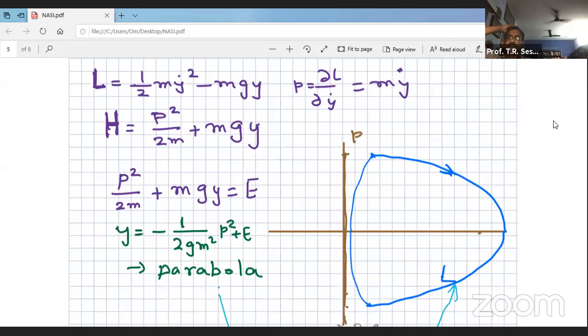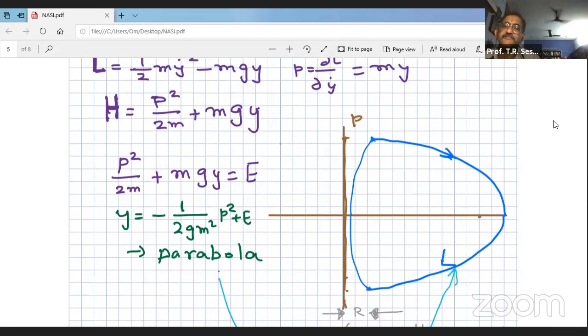So now the phase space diagram as before, I have shown here, but there is a small modification. The equation which I have written here is only for the right-hand portion of the phase space diagram, which is a parabola. Why? That is because in this Lagrangian, I have only taken care of the forces where there is pure gravity.